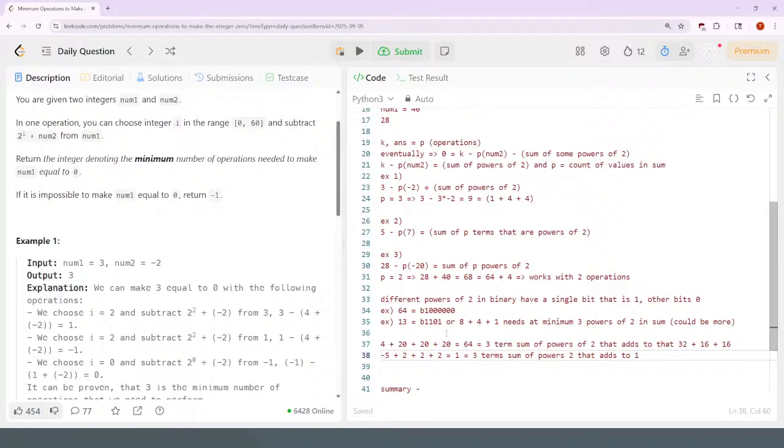But if it's anything, the lowest it could be here is 3, right? 3, which is 1 plus 1 plus 1. Lowest is 3.